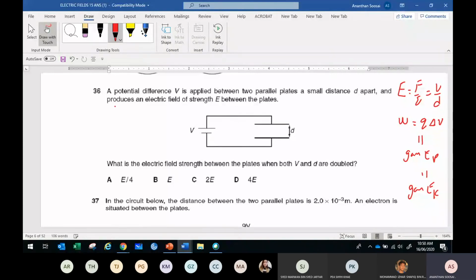Okay, I received the answers. Many of you said B, so it should be B. It's more mathematical, right?